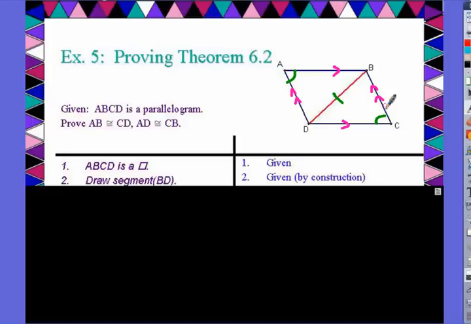If we can show that triangle ABD is congruent to triangle CDB, then this guy and this guy would be corresponding parts of those triangles, and so they would have to be congruent. And we got our proof, right? That's what we're trying to show in this proof. So all we need then is just to somehow show that those triangles are congruent.